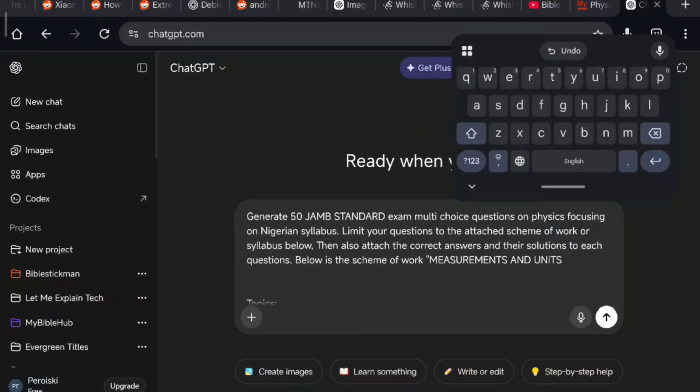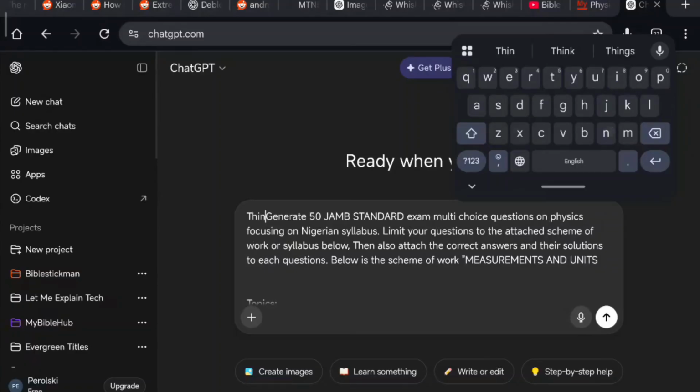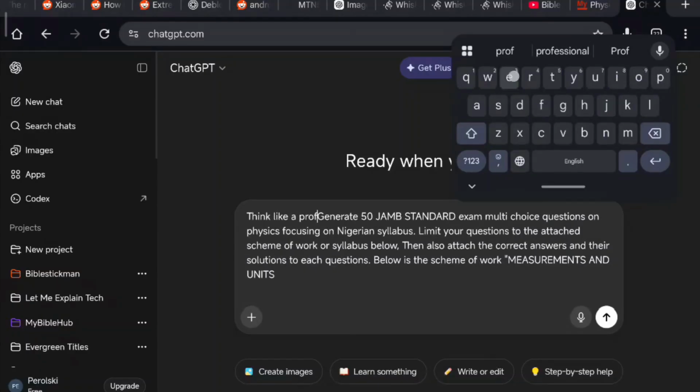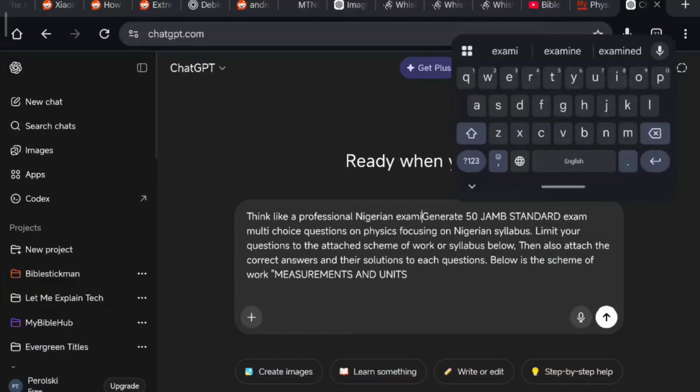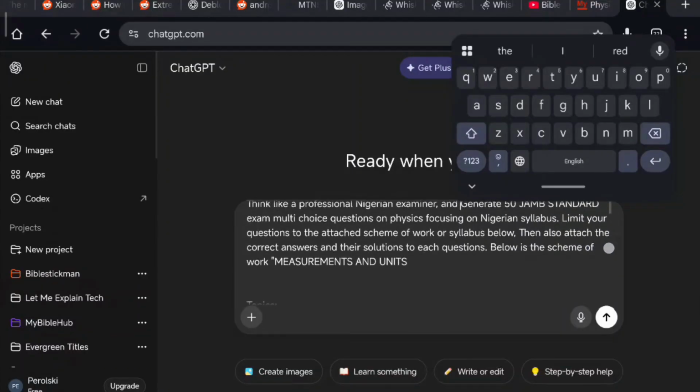If you want, you can also instruct it and say, think like a professional Nigerian examiner, and generate 50 Jamb standard exam multi-choice questions on physics, focusing on the Nigerian syllabus.